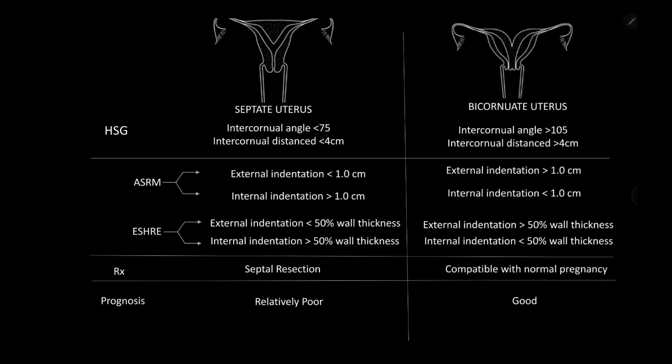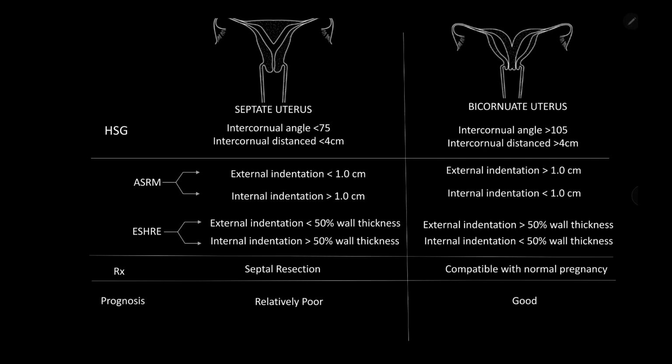And for indentation, the rule is we should always measure the external indentation first. If it is less than 1 centimeter, it can be normal, it can be septate. Now we should measure the internal indentation. If the internal indentation also is less than 1 centimeter, it is normal or arcuate uterus. However, if the internal indentation is greater than 1 centimeter, then it is septate uterus.